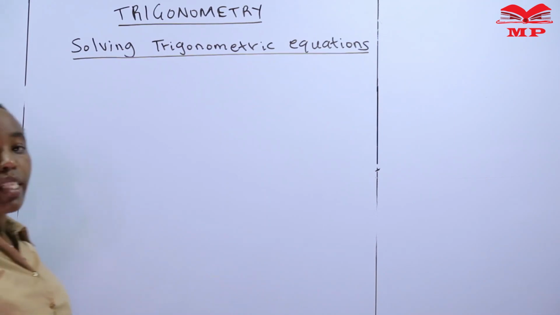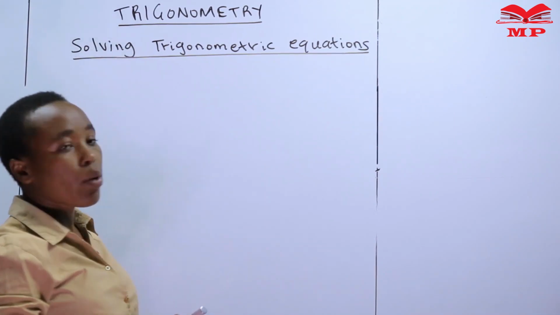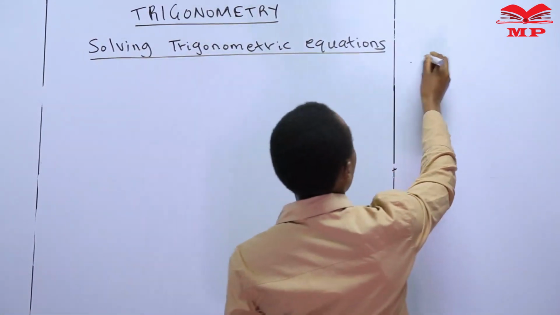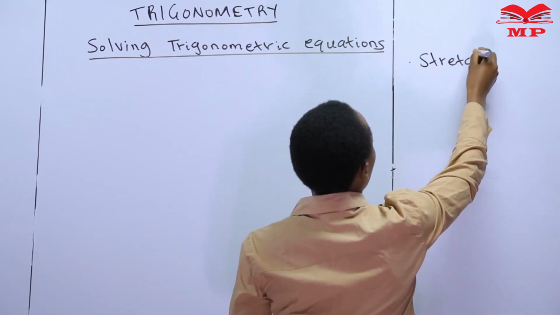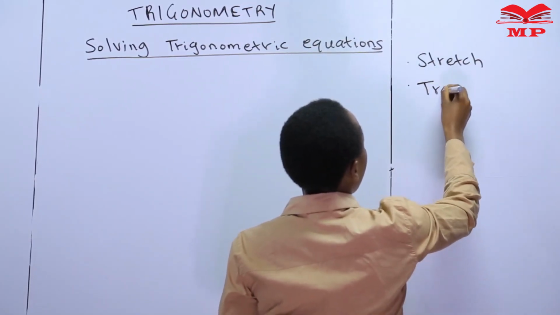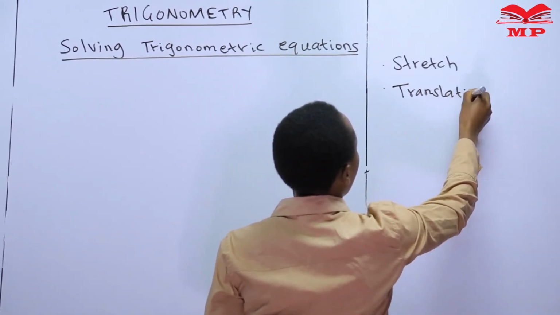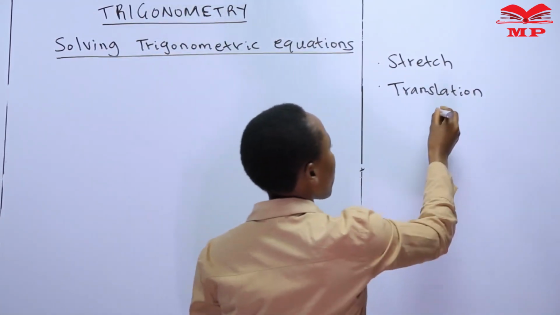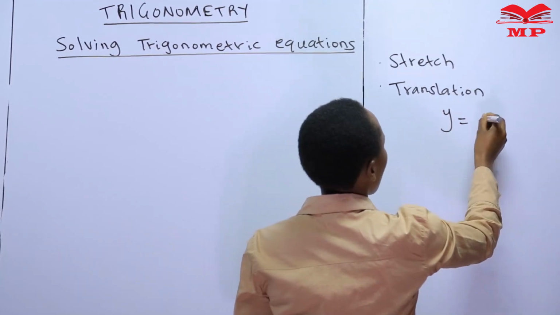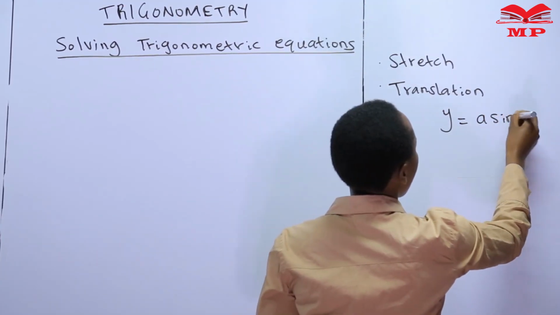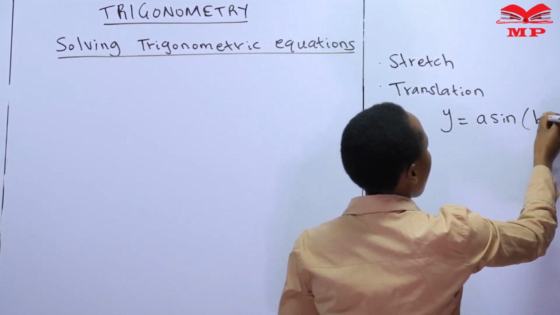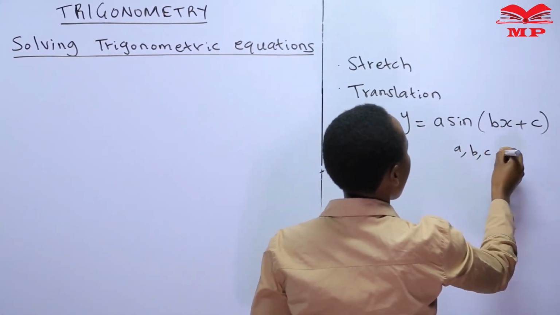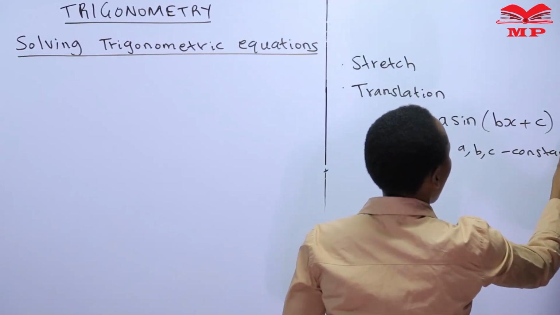So in our last lesson, we were looking at the transformations. That is whereby we looked at the stretch. We also looked at the translation. And in this we said, when you have a general equation, y is equal to a sine or cos, bx plus c, where a, b, and c are constants.